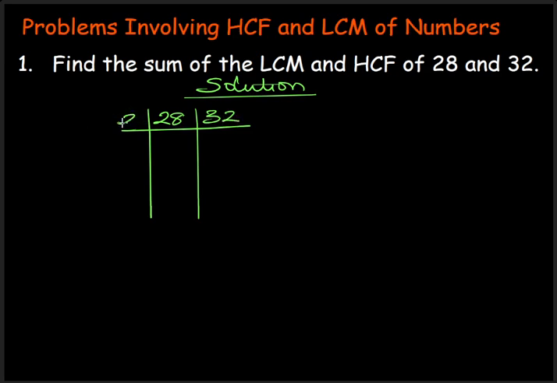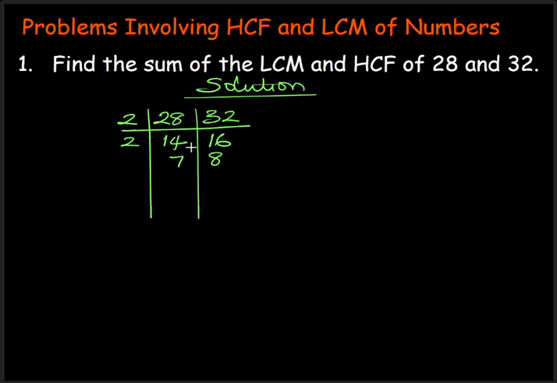What can go? 2 can go. This will give us 14. 2 can go into 32, that will give us 16. 2 can still go: 2 into 14 is 7, and 2 into 16 is 8. 7 and 8.